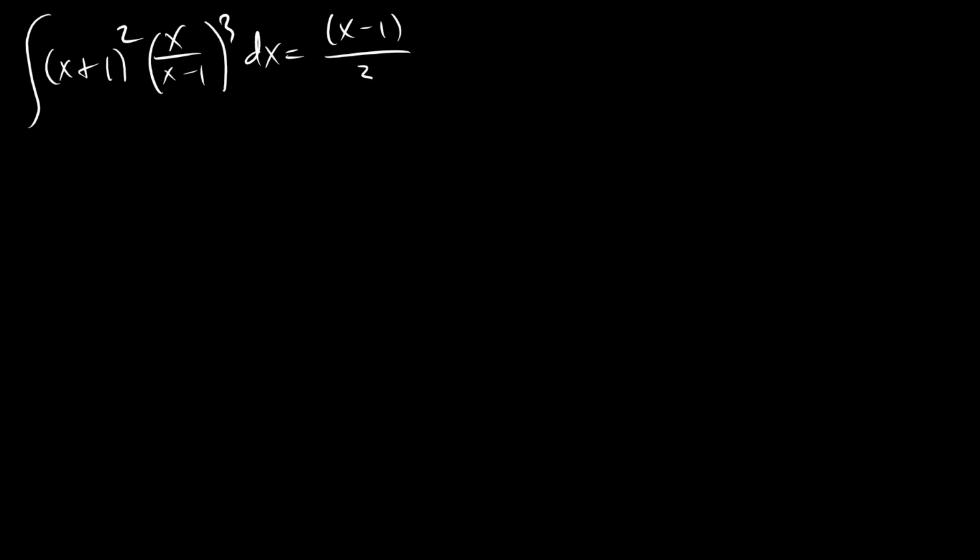So maybe we can rewrite our problem succinctly. We said, okay, the integral of (x plus 1) squared times x over (x minus 1) cubed is the same as (x minus 1) cubed over 3 plus 7 over 2 (x minus 1) squared plus 19x, plus 25 natural logarithm of (x minus 1).